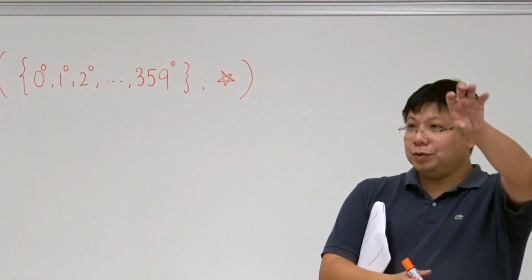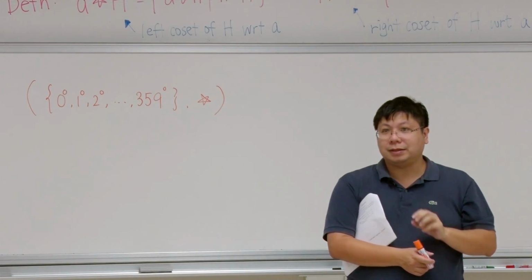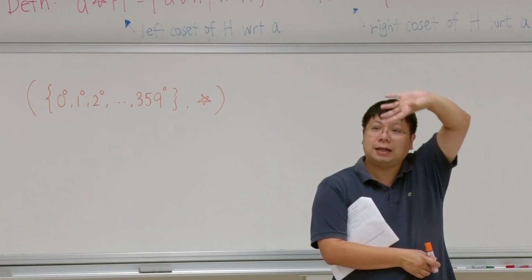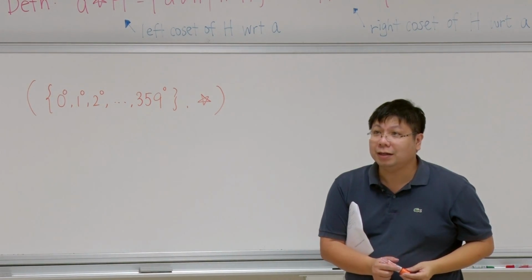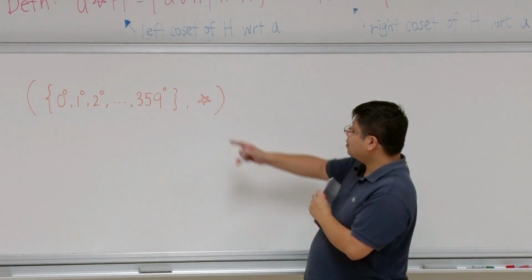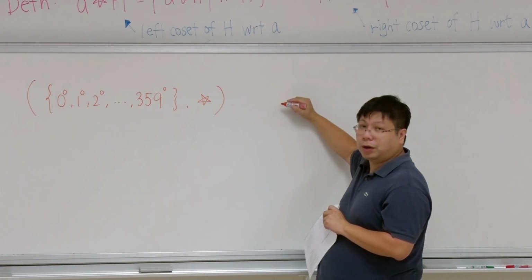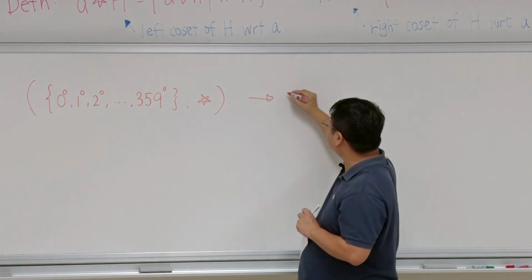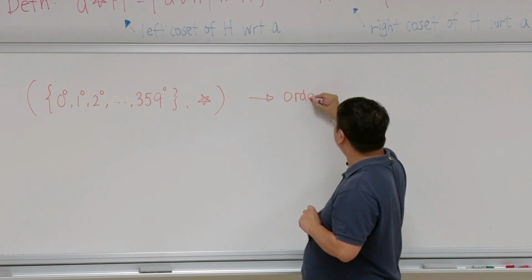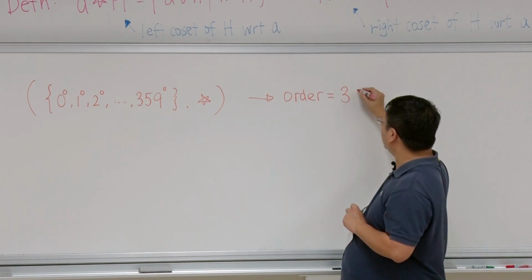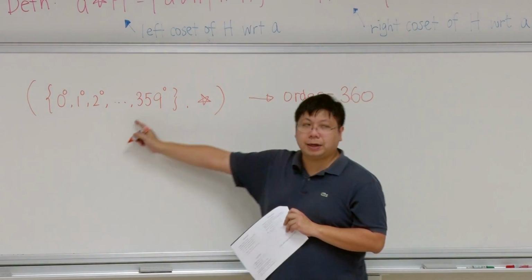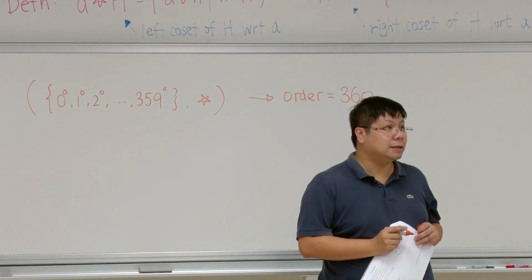If I have 2 degrees star 7 degrees, that means I have a total of 9 degrees of rotation. Now, the size of this group, or we call it the order of this group, is equal to 360 because there are 360 elements there.